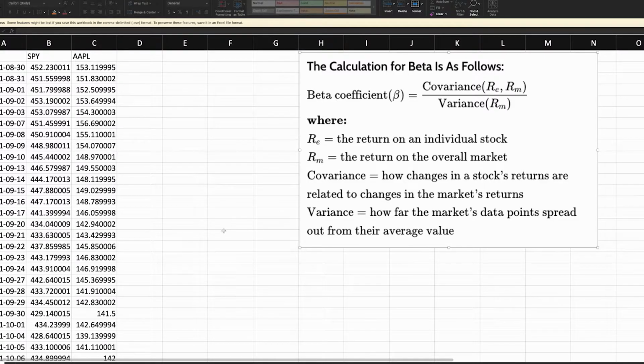Okay, so in this sheet we have the daily price data for SPY, which represents the movement of the S&P 500, and also the price data for Apple stock. In order to calculate covariance, we need to first calculate the return data for the S&P 500 and the Apple stock.